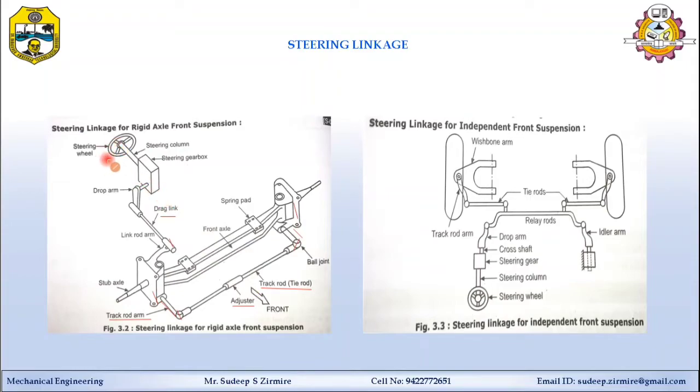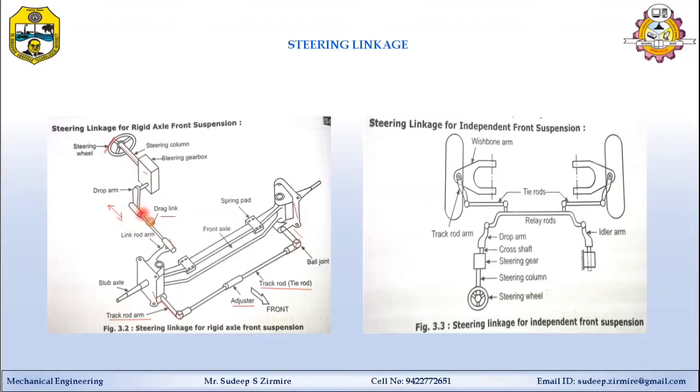See here, friends, for example, when the wheel is rotated to the right side, the column rod inside the steering column rotates, and it also rotates these gears. The rotation of the gear is converted into to-and-fro motion of the drop arm or pitman arm.